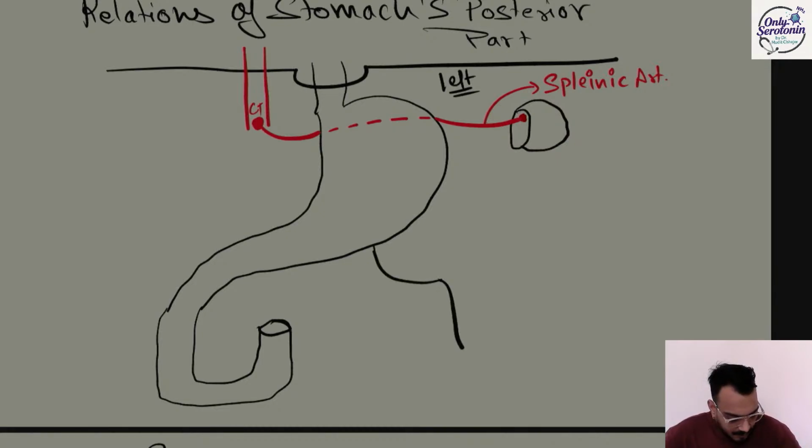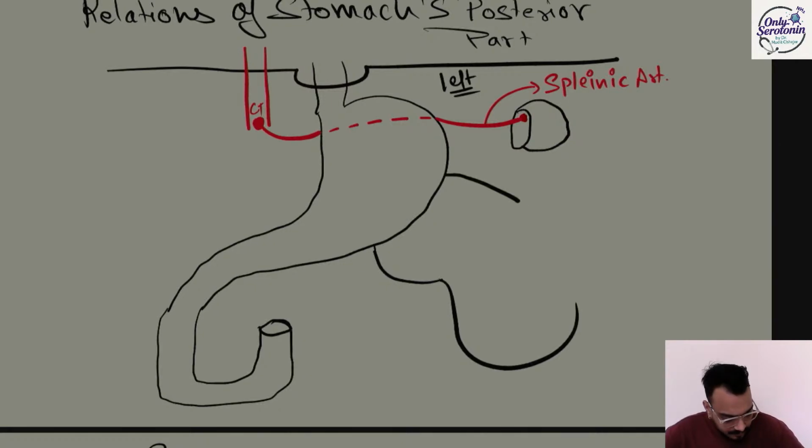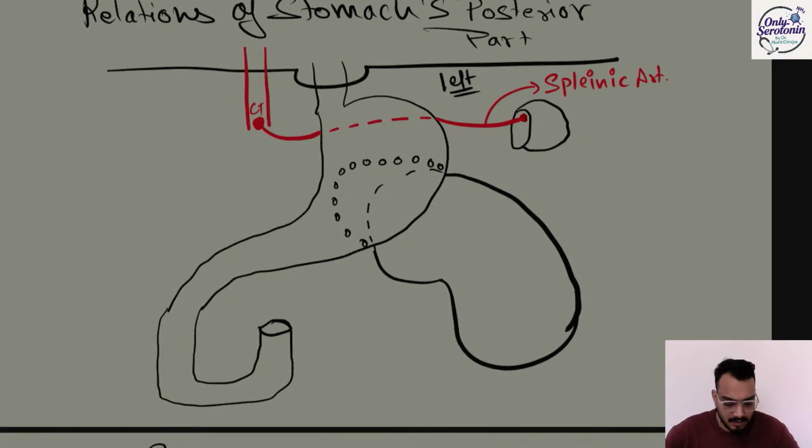So I am going to have my kidney behind the stomach. The superior part of the left kidney is also present behind the stomach, as well as just above the kidney I am going to have one gland. The name of this gland is the adrenal gland, the suprarenal gland. Both of them are also present behind the stomach.